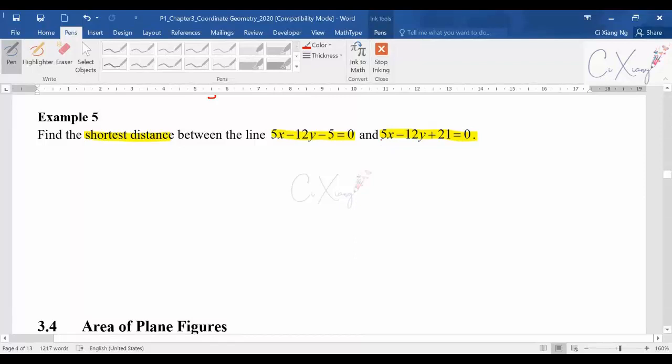Okay, so before that, I just want you to have a look here. If you rephrase this equation, you have 12y equals 5x minus 5. So y equals 5 over 12 x minus 5 over 12. So for this equation, if you try to rephrase it, then what do you have here?